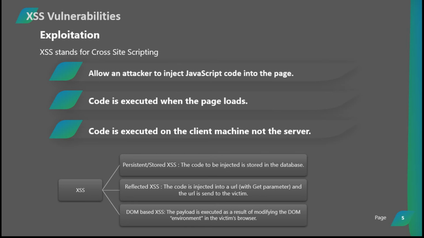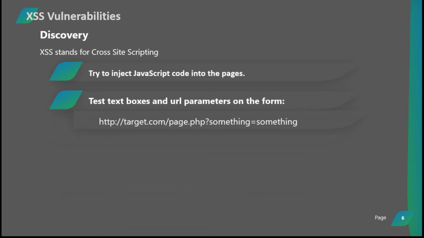When the victim clicks that URL, the JavaScript will be executed on his side. The last category is DOM-based XSS, where the payload is executed as a result of modifying the DOM environment in the victim's browser.